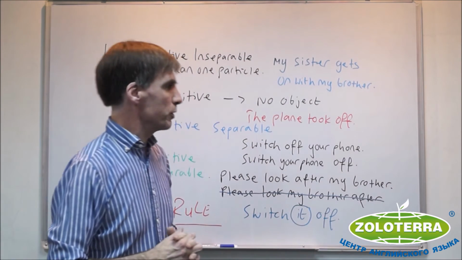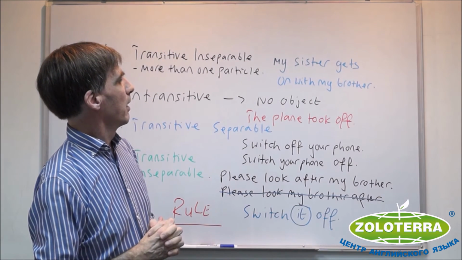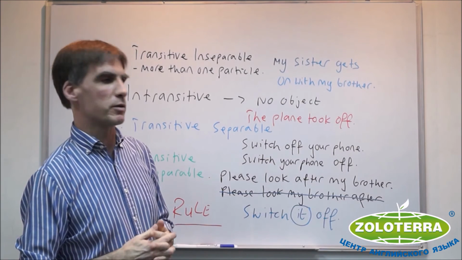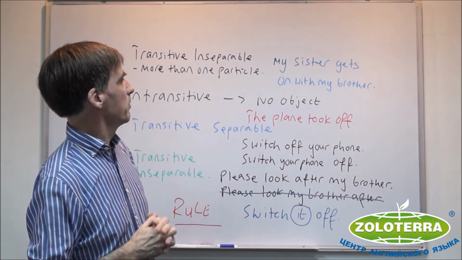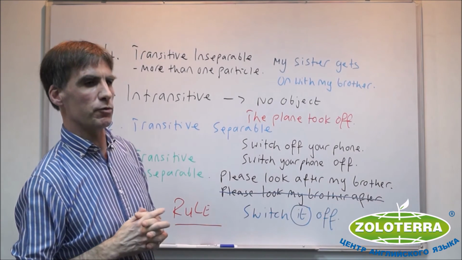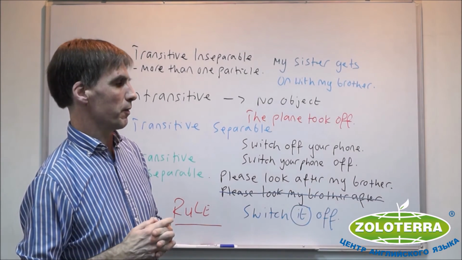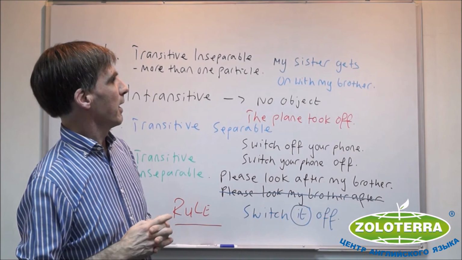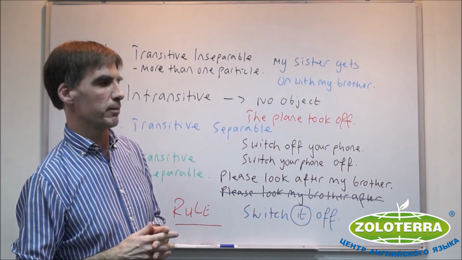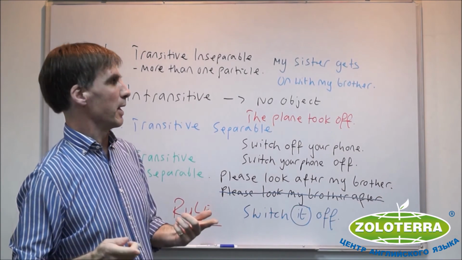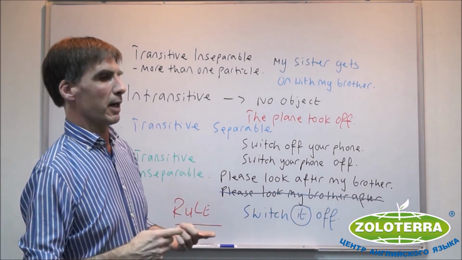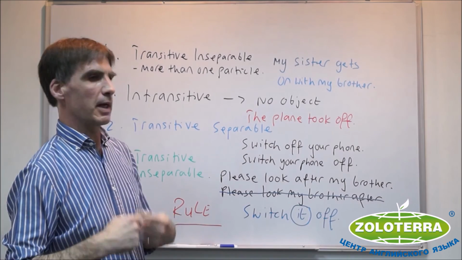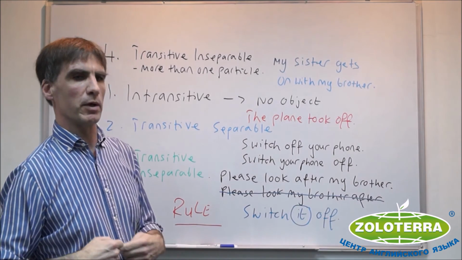So why are they important? Primarily because we use them very, very frequently in language, and the most important ones to try and learn are those where it is difficult to say in another way. I'll give you an example. Instead of saying carry on, we can use the word continue.